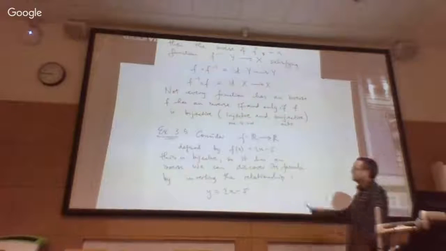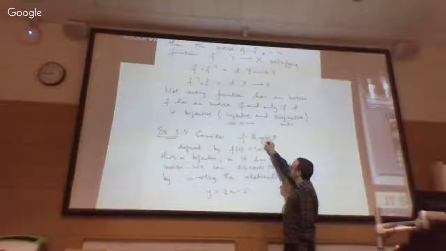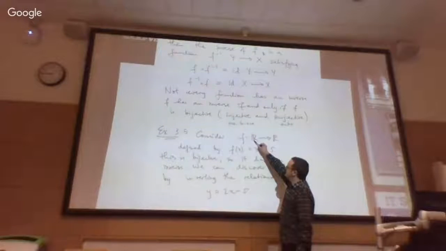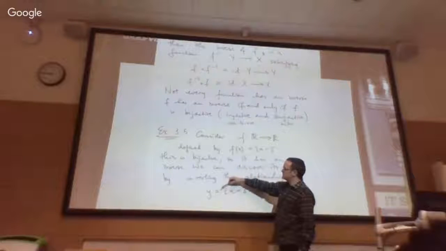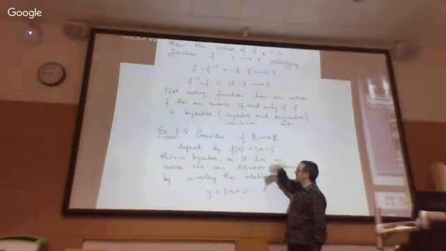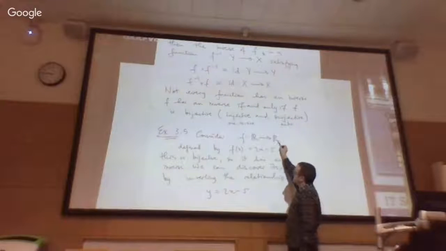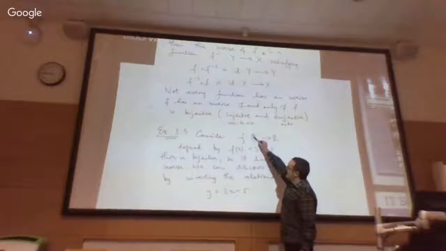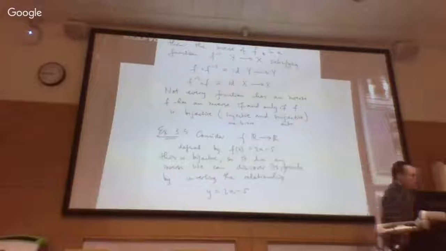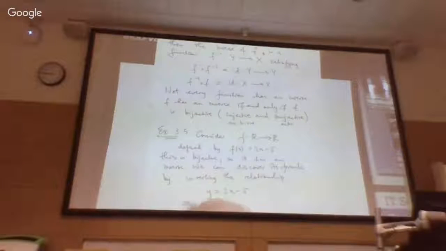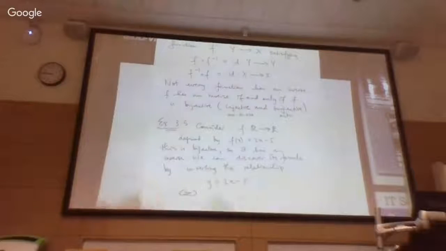See, y is the value of f which lives over here, x is the input to f which lives over here. We have this relationship that y is equal to 2x minus 5. Well, if we can invert this, then we'll know how to obtain x given the y value. So anytime it's possible to uniquely invert this kind of relationship, then there will be an inverse function.